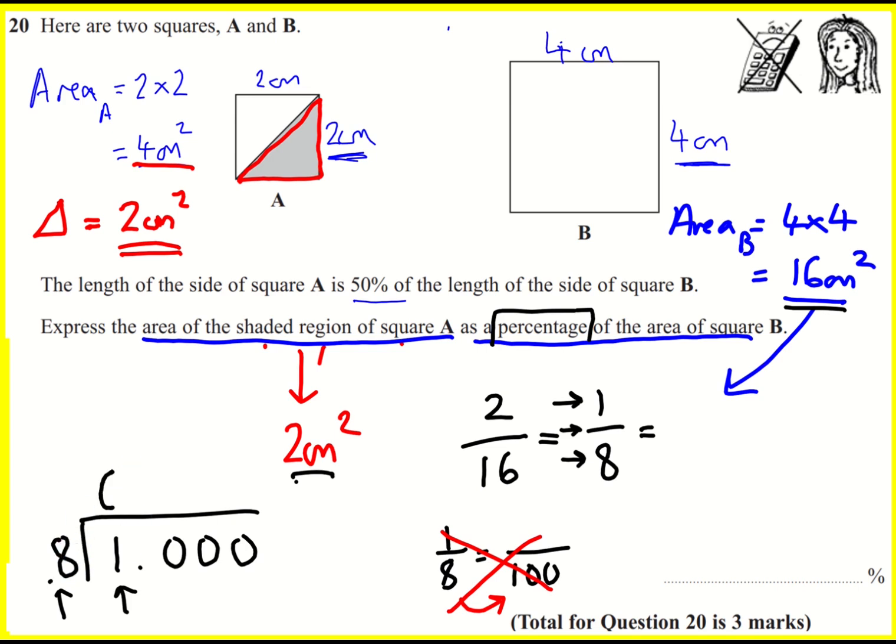Well, there are no 8s in 1. And then I'm going to carry that 1 forward. How many 8s in 10? 1. Remainder 2. How many 8s in 20? 2. Remainder 4. And how many 8s in 40? 5. So that is 0.125, which as a percentage is 12.5%.